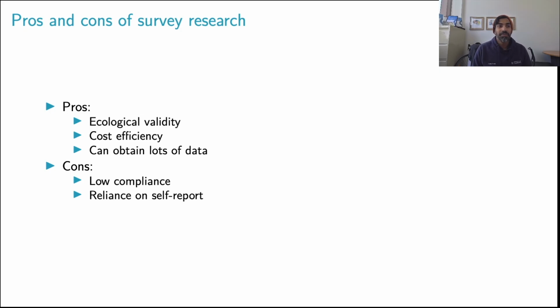And the cons are low compliance. If you administer a survey, you'll find that there are many surveys out there. People are being asked to complete surveys all the time, whether you're purchasing a product online, or you've engaged in a service, or you're in a university course and you're asked to provide feedback on your university experience. There are always surveys that people are asked to complete, and a challenge is always low compliance.